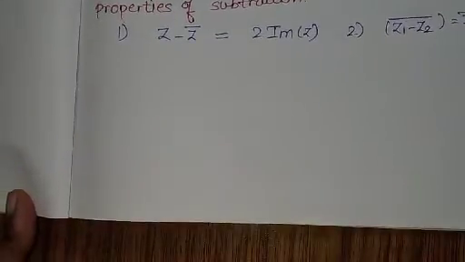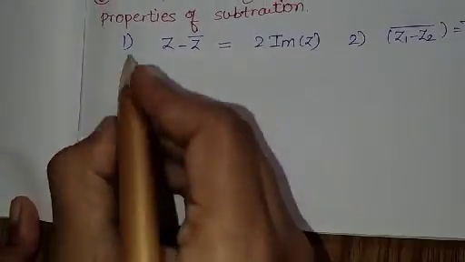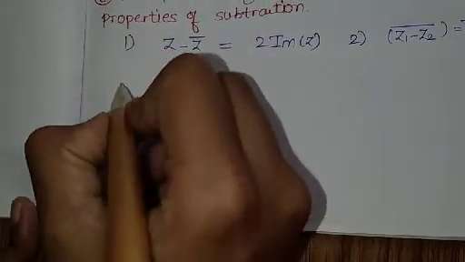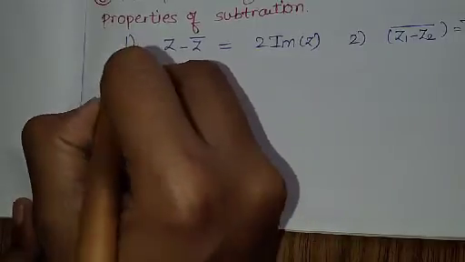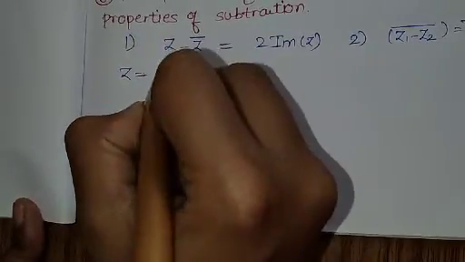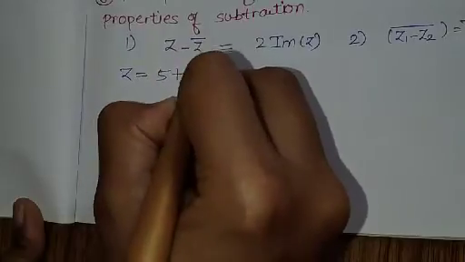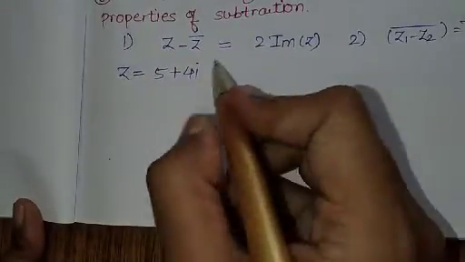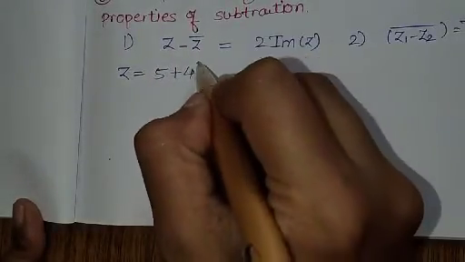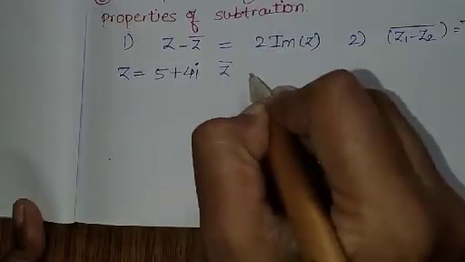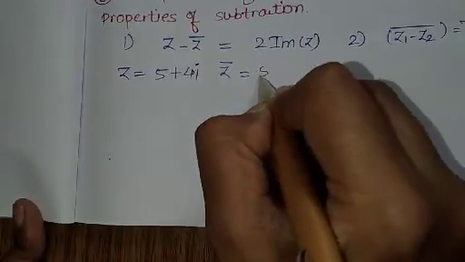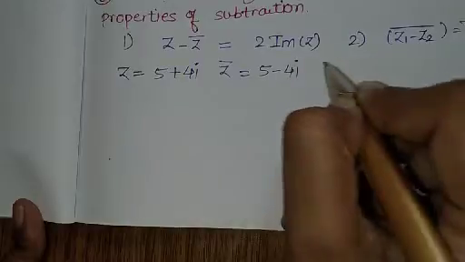So we verify the first property as follows. Consider any complex number z equal to 5 plus 4i. So from LHS we find the z conjugate is equal to 5 minus 4i.